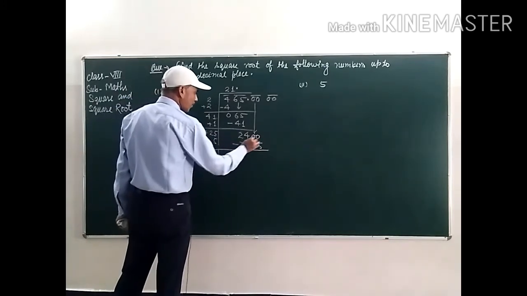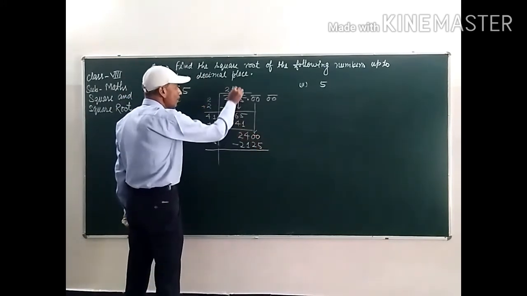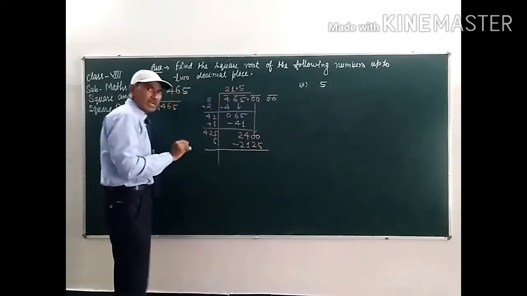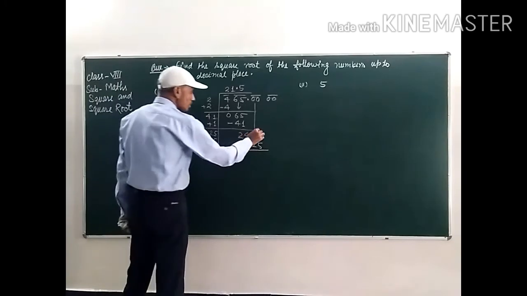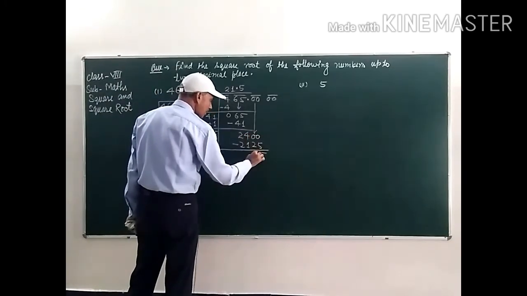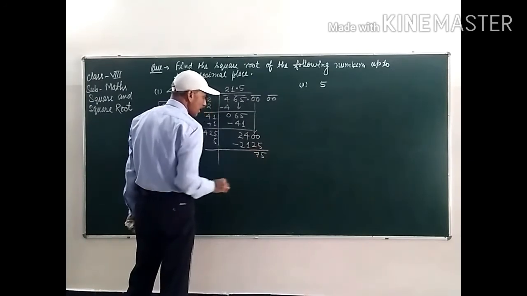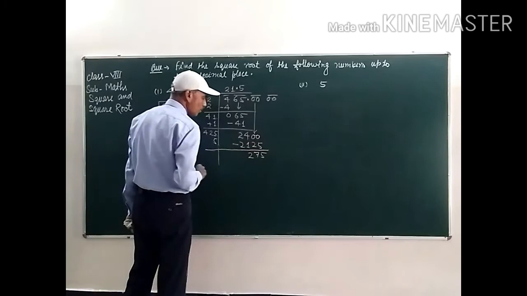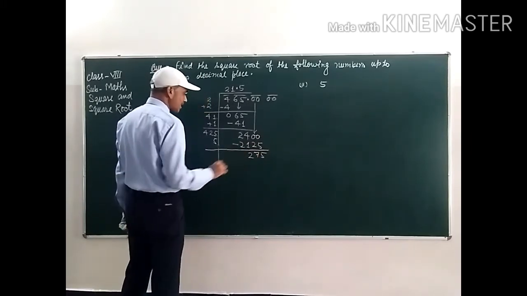Subtract this number, and you have taken here 5, so you will write here 5. So subtract this, 10 minus 5 that is 5, 9 minus 2 that is 7, and 3 minus 1 that is 2. The number is 275.